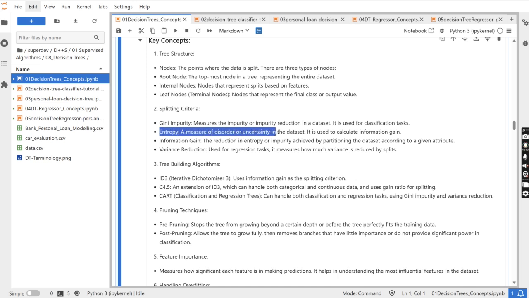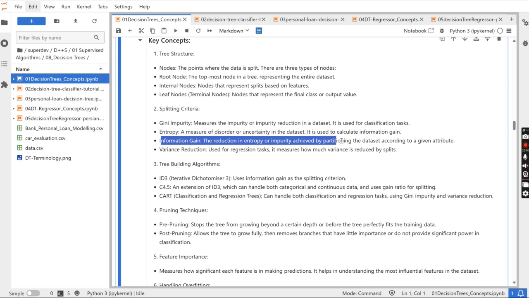It's nothing but the measure of disorder or uncertainty or randomness in the data points. Multiple data points might be present. That is entropy you already saw. And the reduction in entropy by partitioning is called information gain. If entropy reduces, information gain will increase.